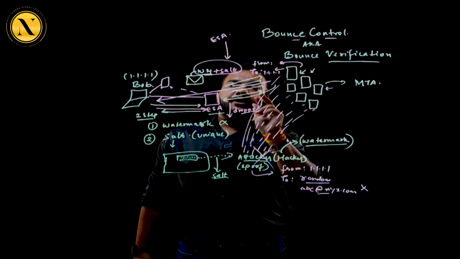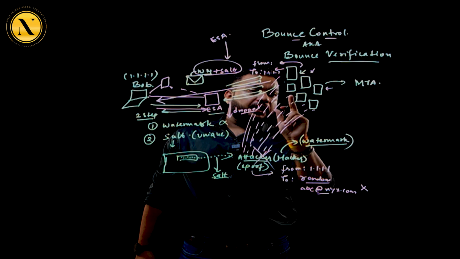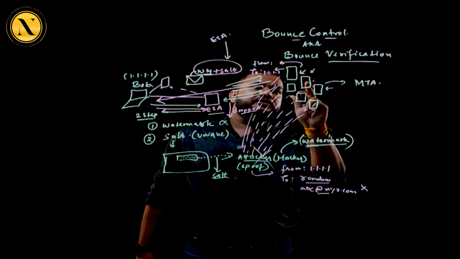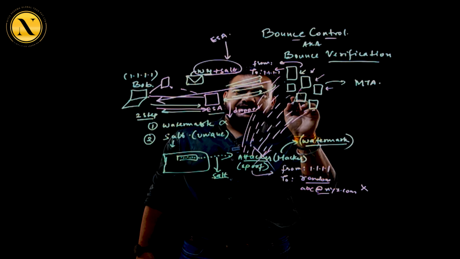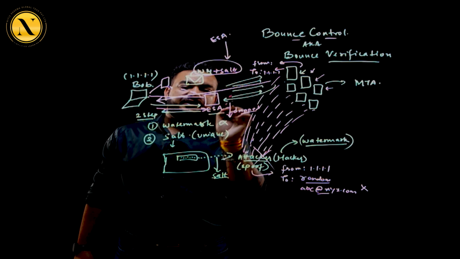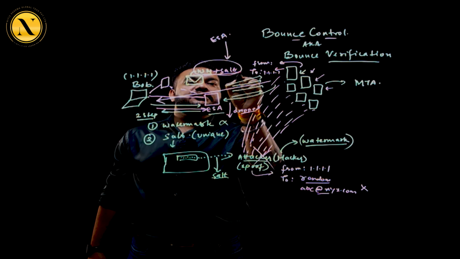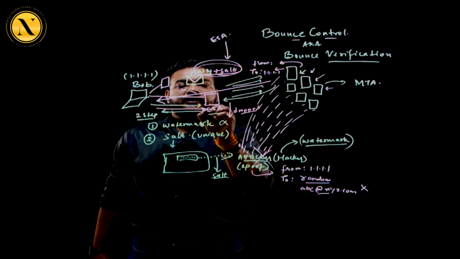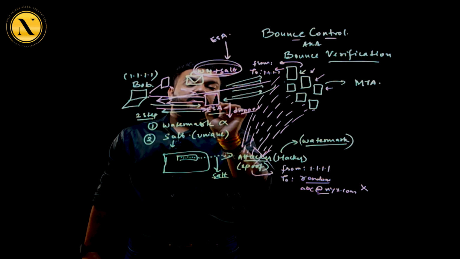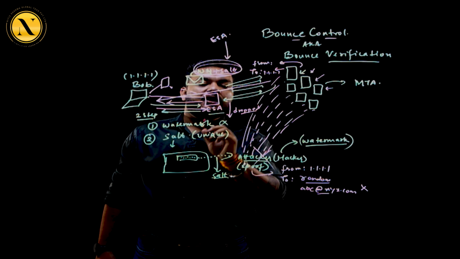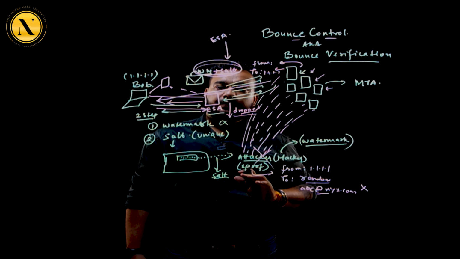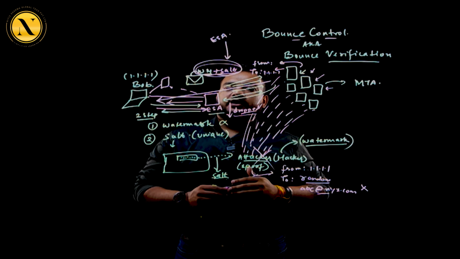So if the recipient user is not available on any of the mail transfer agents and there is a bounce back delivery, ESA first of all is going to check that there is a watermark. ESA is also going to check that there is a salt value. If it is available, then only the ESA is going to entertain that email. Otherwise, again the email will be dropped, and that is your bounce verification. Okay.